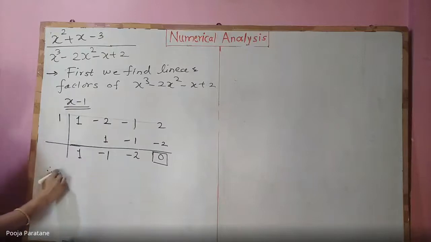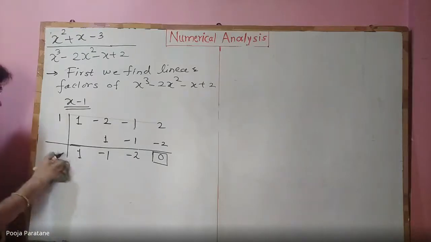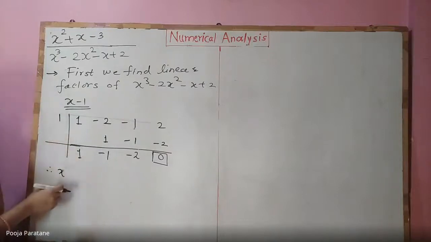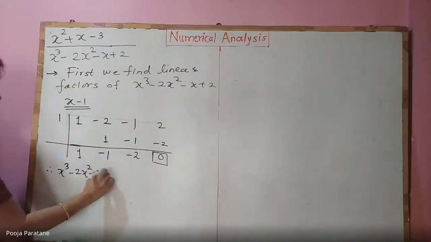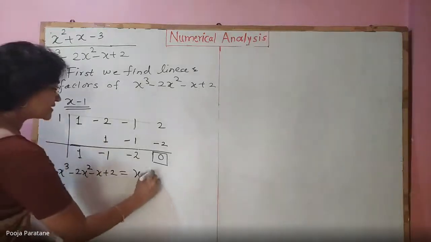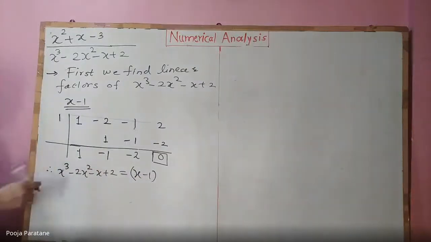As soon as we can find one factor, it is easy to find factors of the quadratic polynomial. x cube minus 2 x square minus x plus 2 is equal to, now one factor we have confirmed that it is x minus 1. And now how to write down the remaining?